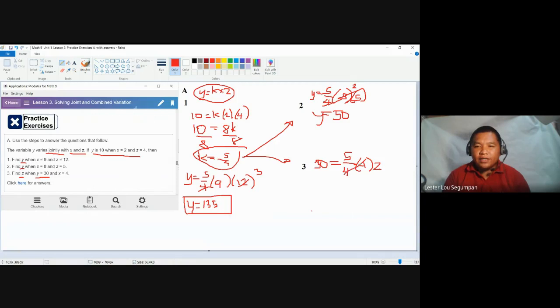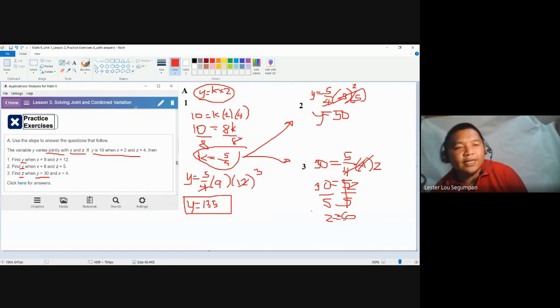Again, it's very clear that you can divide 4 by 4 and get 1. So you have 30 is equal to 5z. Divide both sides by 5. So z is equal to 6. So z is 6 when y is 30 and x is 4.